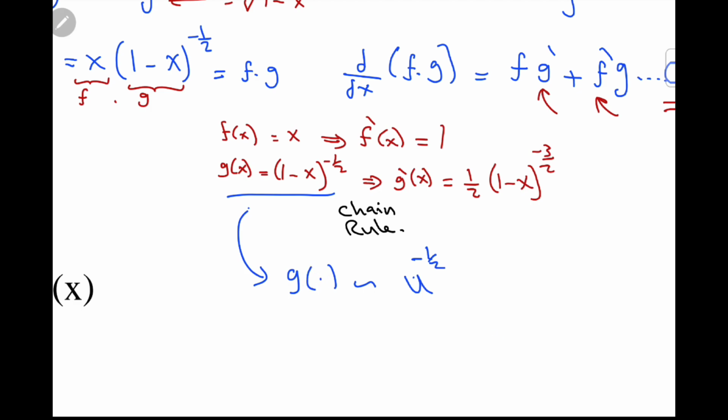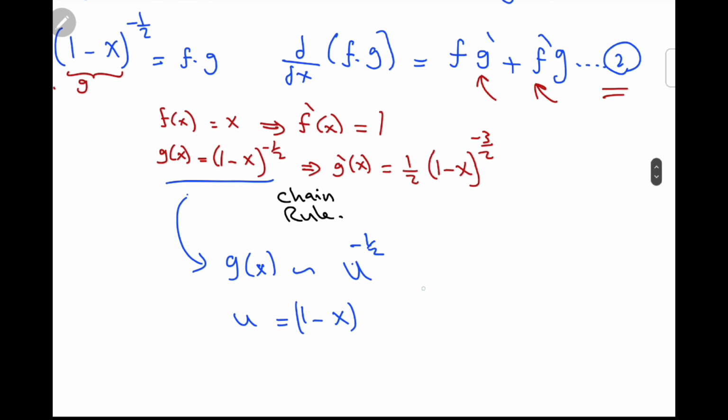Okay, so in this case u here is another variable given by 1 − x. So you can express g of x as u to the power of −1/2, where u equals 1 − x.